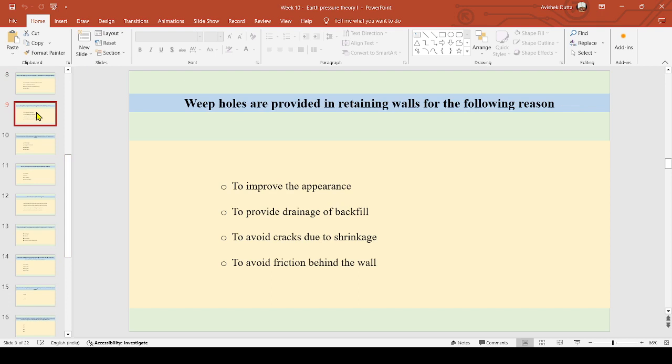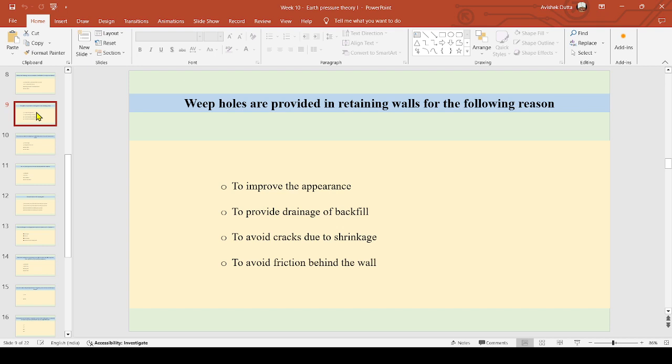Weep holes are provided in retaining walls for the following reason. Option 1, to improve the appearance.